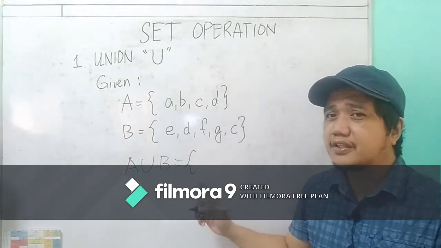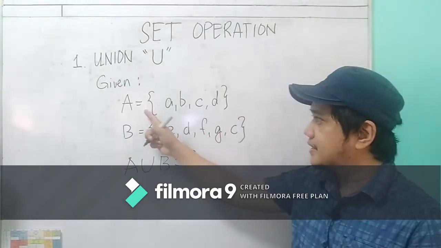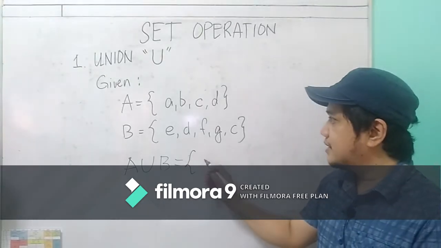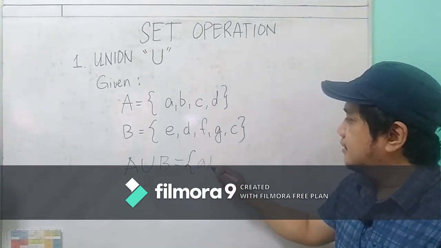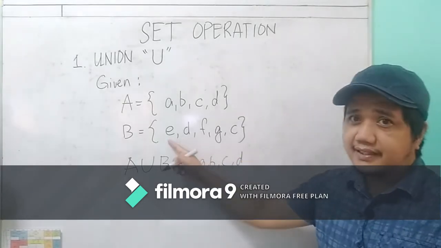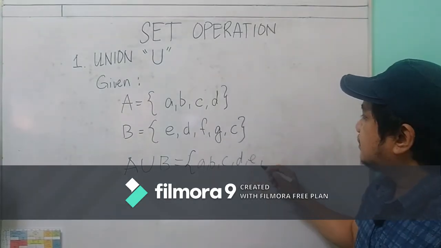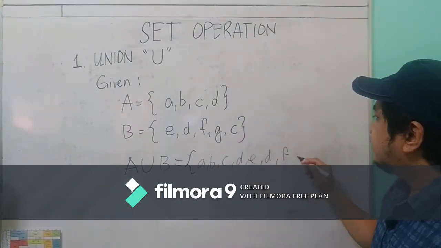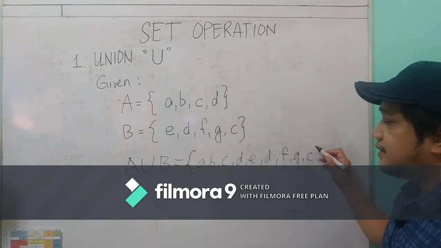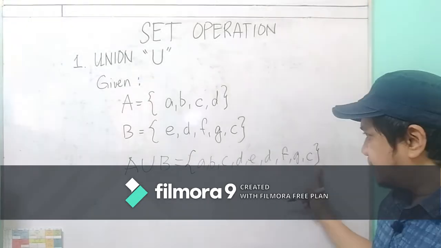But at first, you can also write all the elements that are present in A and present in B. So let's just first write the elements that are present in A. That's A, B, C, D, and write the elements that are present in B. Those are E, D, F, G, and C. And enclose it with our close brace.